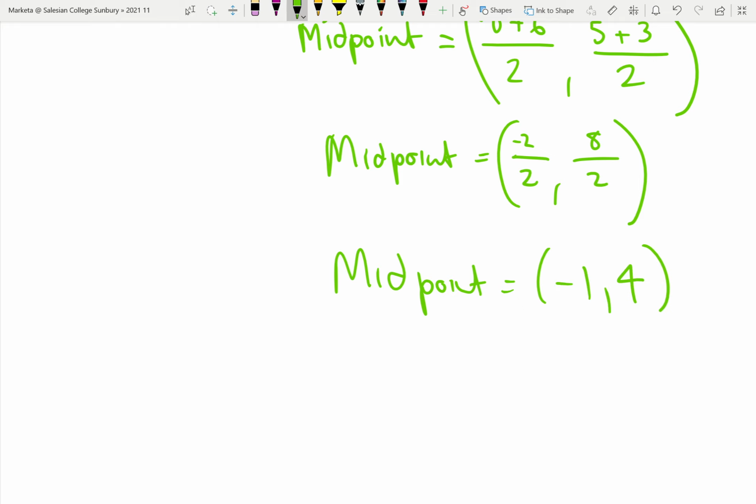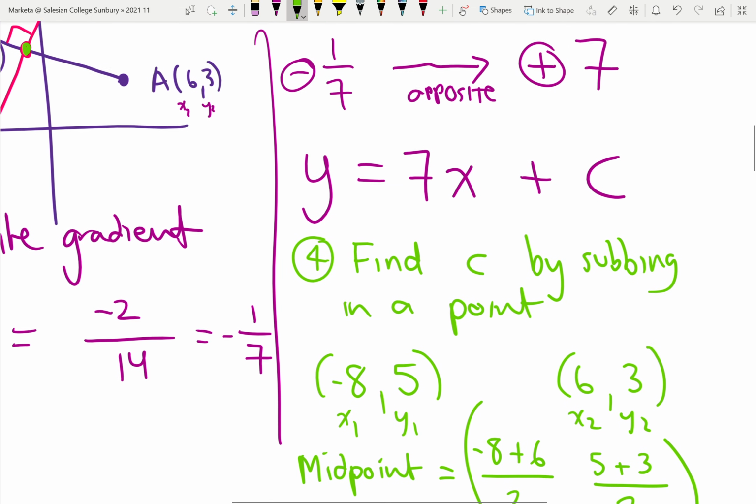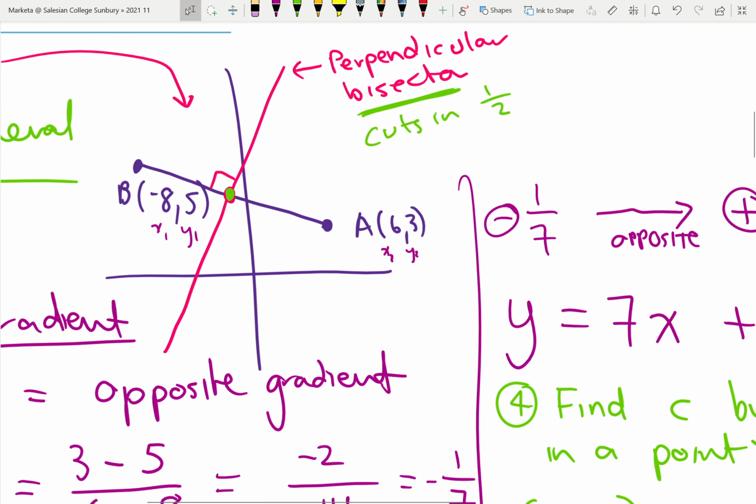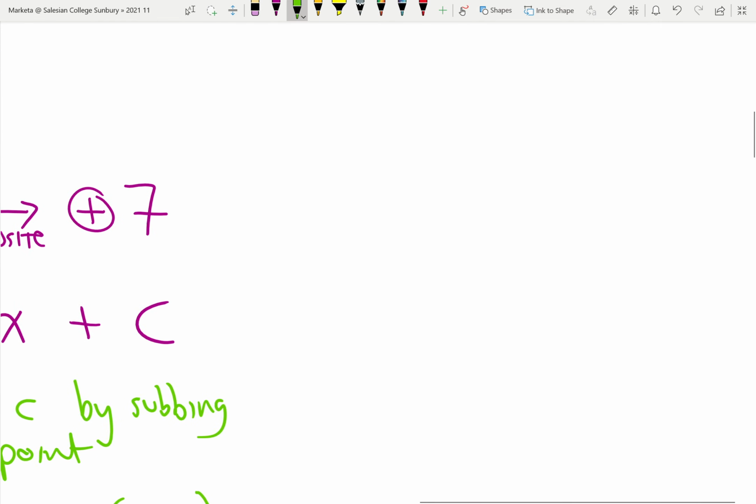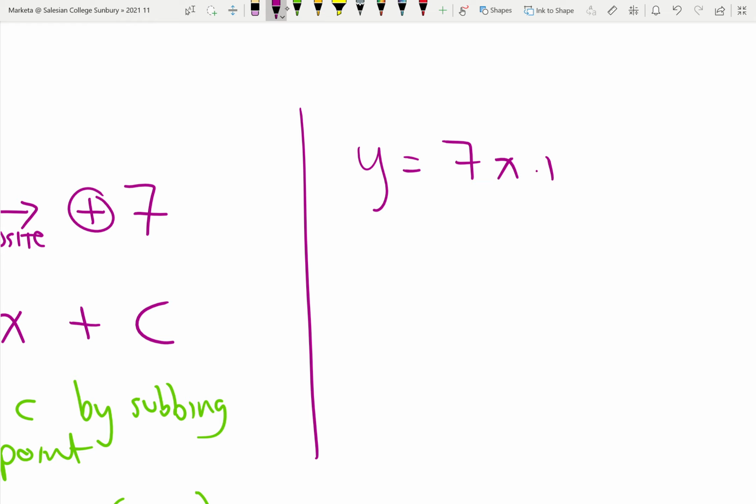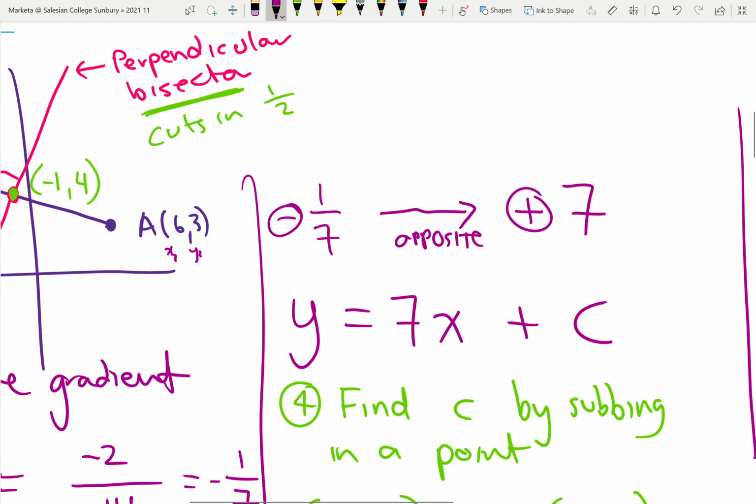And we can see, I'm just going to put that on here. We can see that the pink line is going through there. So now we can sub that in to find the value of c. So y equals 7x plus c, and our point is negative 1, 4.